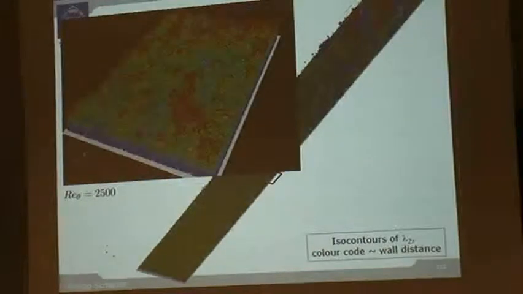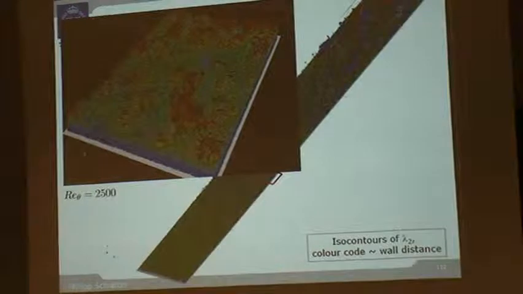Now we can also go a little bit further downstream. This is now Re theta 2,500. This, I would say, corresponds to approximately where we can reliably generate turbulence in wind tunnels. I think we know it's difficult, but this is sort of a Reynolds number where we can really speak about turbulent flow. Now, of course, the dominant flow structures have changed, at least in this region that we visualize.